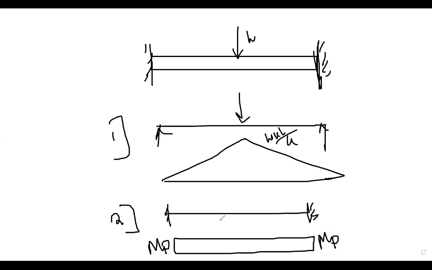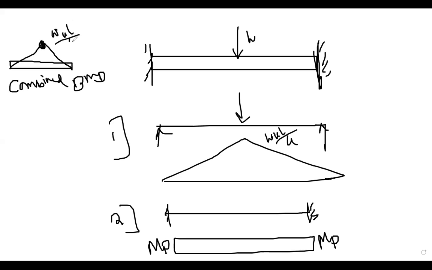Okay, then these two diagrams we have to combine like this. So this is called as a combined BMD. Okay, this is your WUL/4. This is your MP, right?